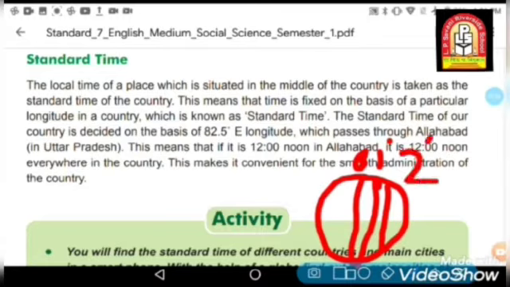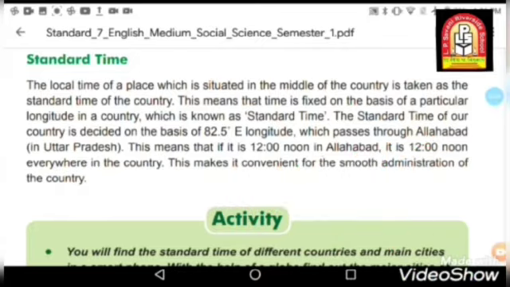So our earth takes 4 minutes to come from 0 to 1 degree. So you are clear that as our earth rotates, there is a change in time in that particular longitude, right?